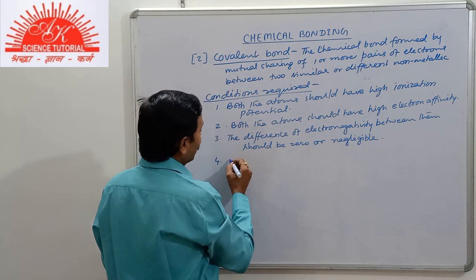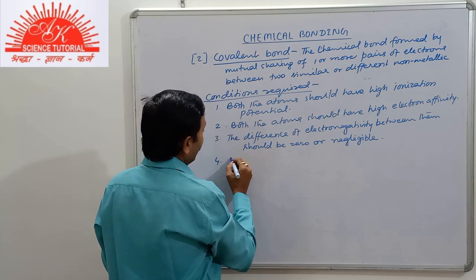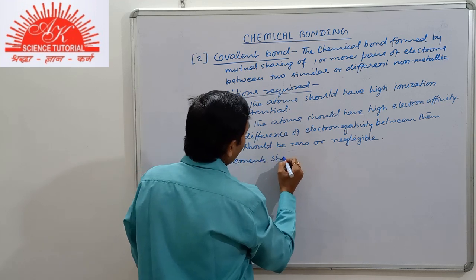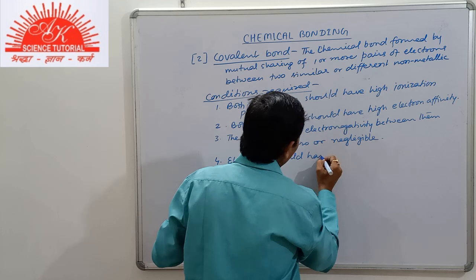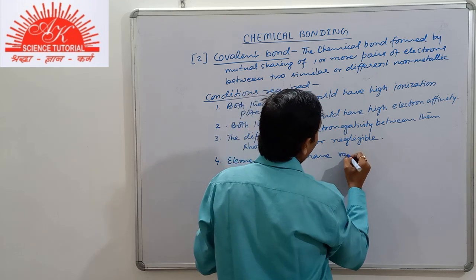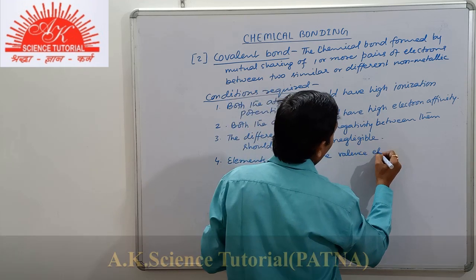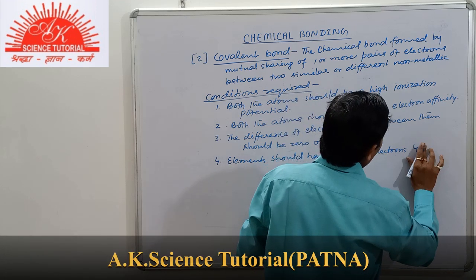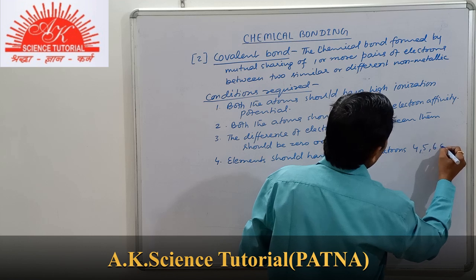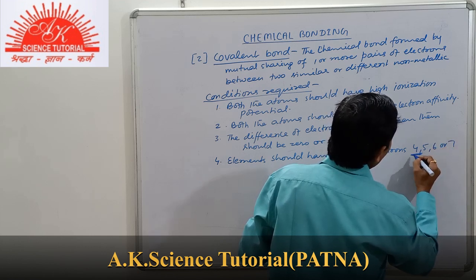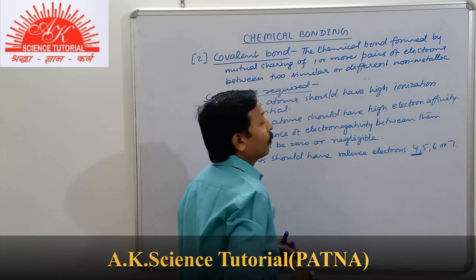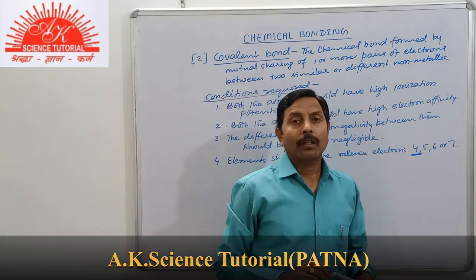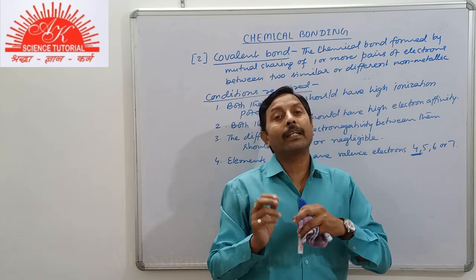One more point can be written. Elements should have valence electrons 4, 5, 6 or 7. We have also written here 4. An element having 4 valence electrons can neither lose nor gain electrons.